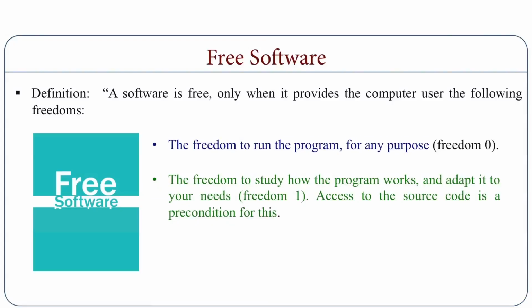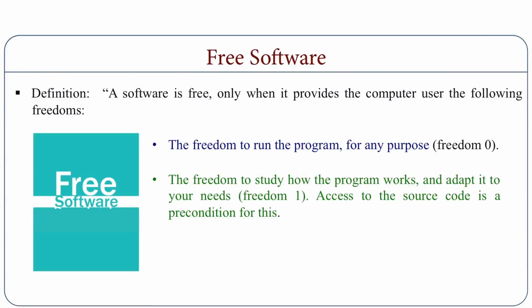That means if the software is free of cost, I may in turn use it either for my personal use or I can even use it for commercial use if I want. The second freedom is to study how the program works. This is especially important for software developers.